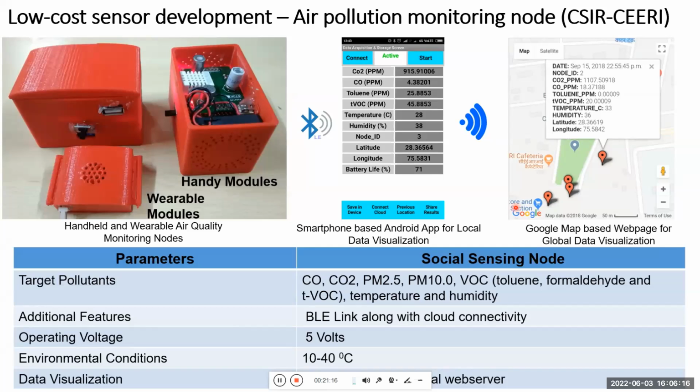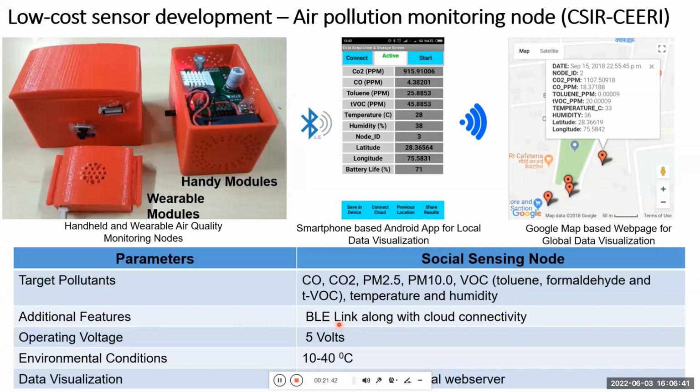This properly has PCB fabrication, and handy modules can be put on a motorcycle or a vehicle like a car, or you can say a crowdsourcing model can be developed around these wearable modules. These social sensing nodes have 5 to 6 sensors and have BLE, Wi-Fi and LoRa.